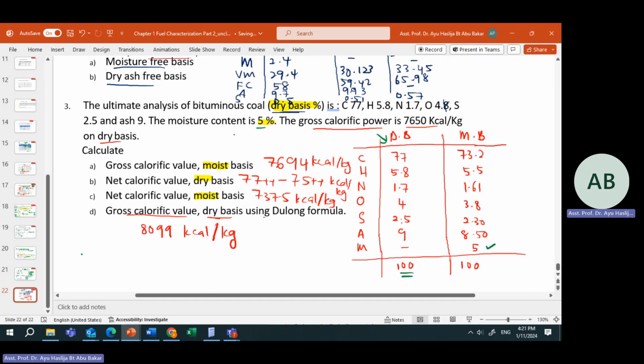Okay, earlier for dry basis, it was X over 100 minus moisture, times 100%. So now we reverse.